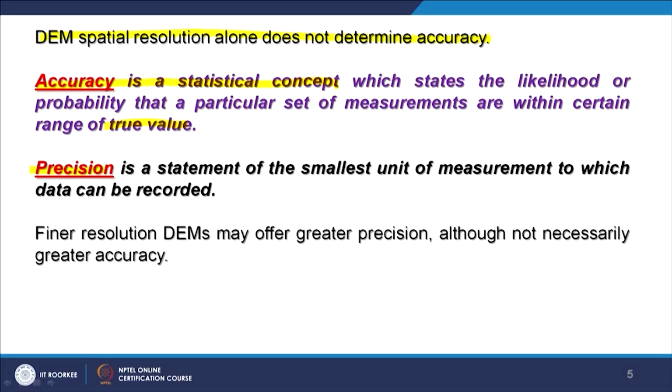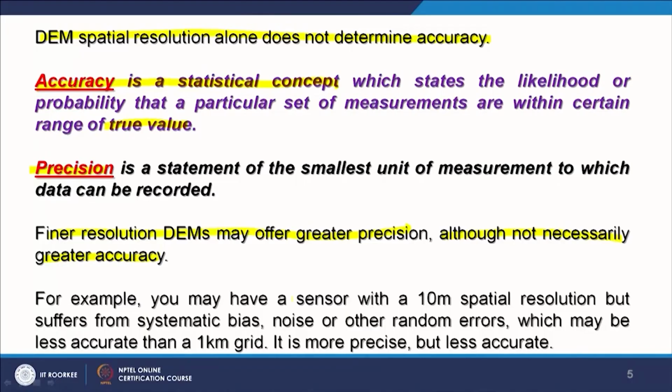So, fine resolution DEMs may offer great precision, but not necessarily greater accuracy. These are two different terms altogether: accuracy depends on how nicely we do the measurements, and precision is based on the instrument or tool which we use to measure certain things. This measurement may be a length measurement, a reflectance measurement or any other measurement.